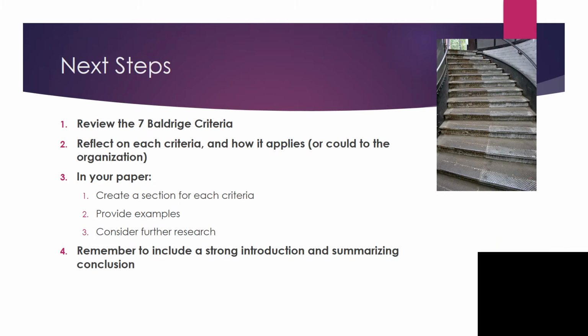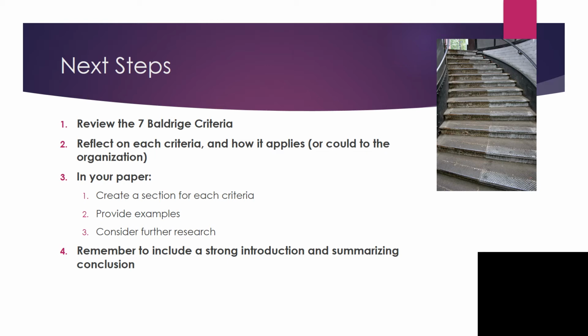Next steps. Review the 7 Baldrige Criteria. I hope this presentation has helped you understand the Baldrige Criteria and using it as a framework for your final paper. Now is the time to begin the project and take steps towards completion on time.